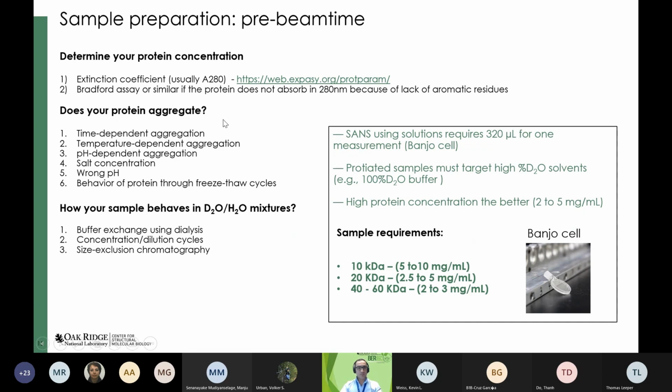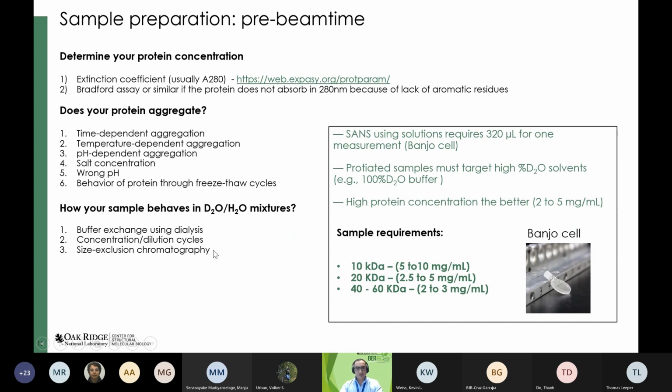For protein aggregation, it is good to know and characterize where this aggregation comes from. Sometimes the system aggregates, and it is the nature, the thermodynamics of the system, that causes aggregation. You cannot really avoid that, but it's very important to know what the source of aggregation was and how you might avoid it. Like I said, know how our samples behave in D2O mixtures.